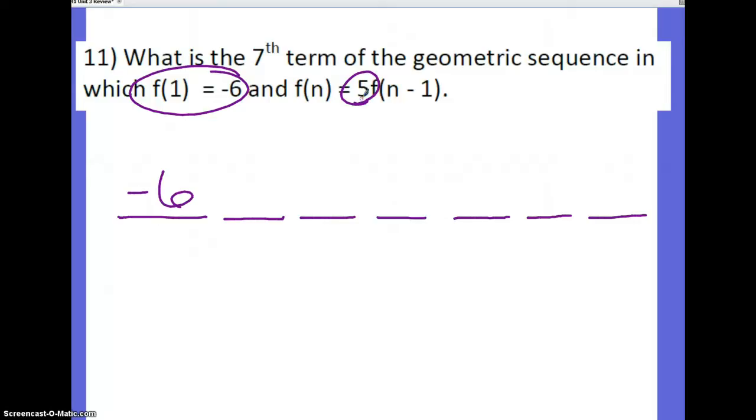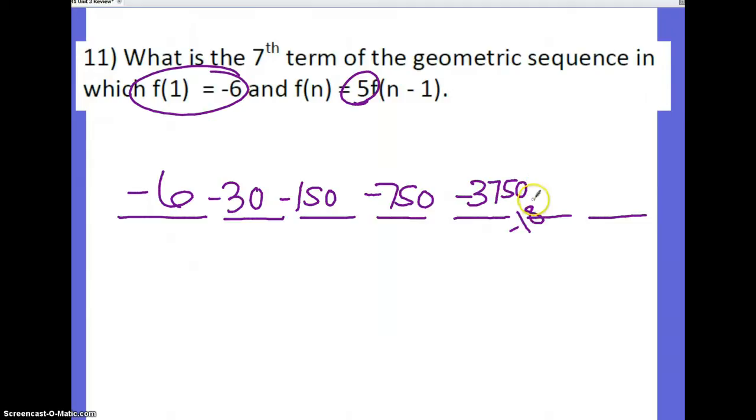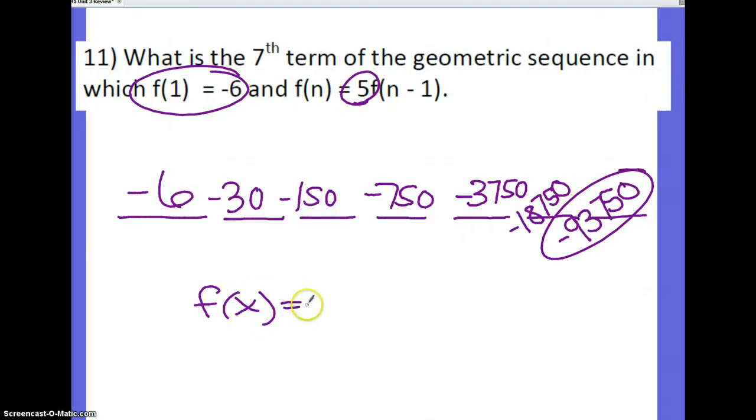So if we multiply by 5 and we just keep going all the way to the 7th, the numbers are going to need more space. And the next number, 93,750. That is our seventh term, the answer.